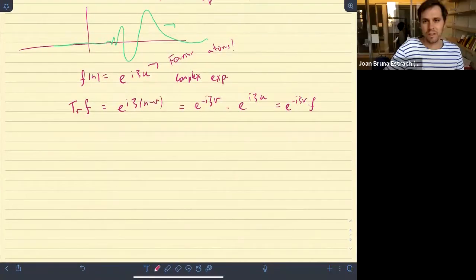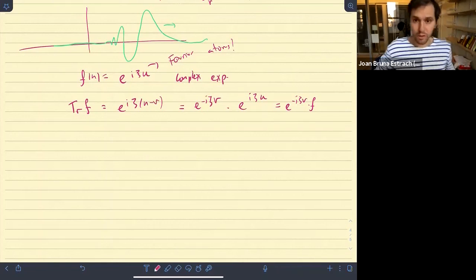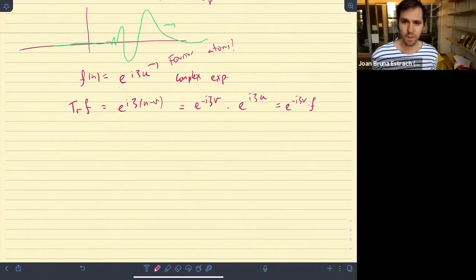So Fourier, the Fourier transform. Okay, so now we just need to close the circle and convince ourselves that we have a good description of any linear operator that is diagonal in the Fourier domain.